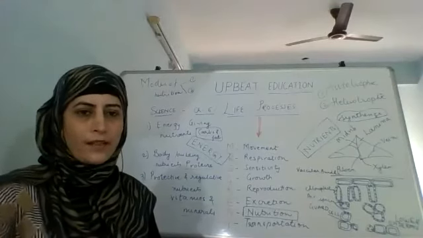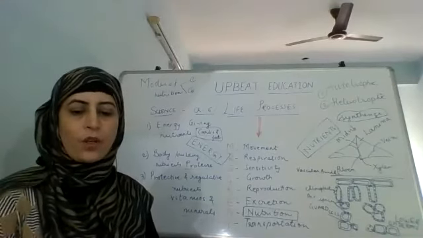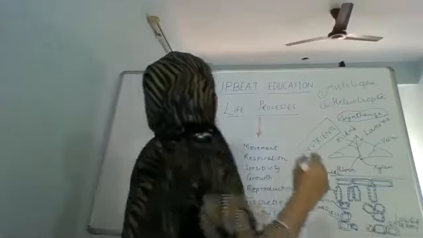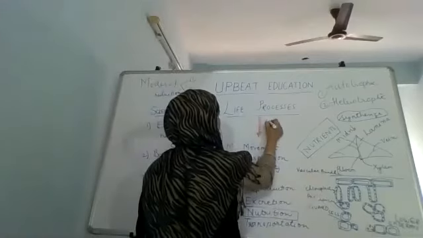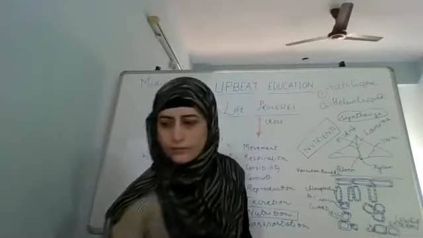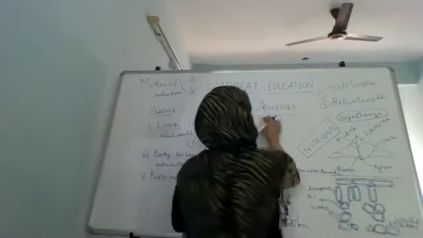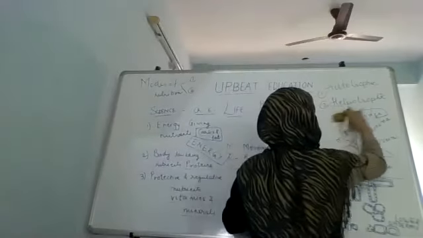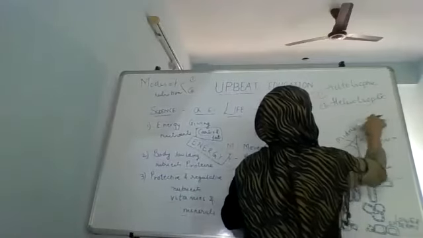Now you write a title, section, cross section of a leaf. And draw this diagram, okay?